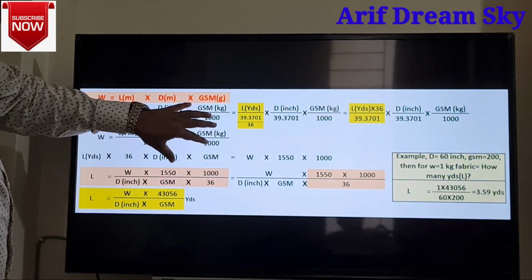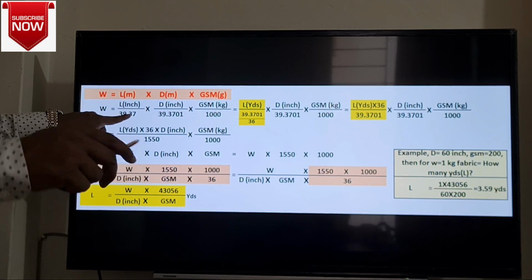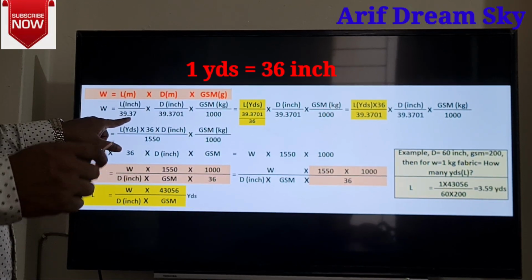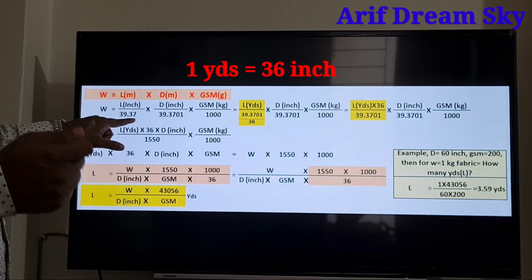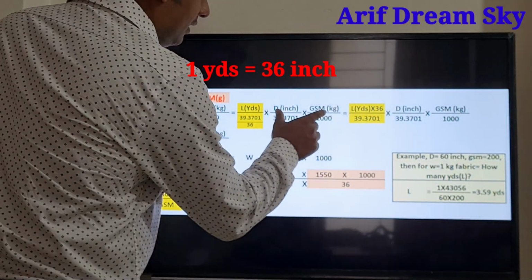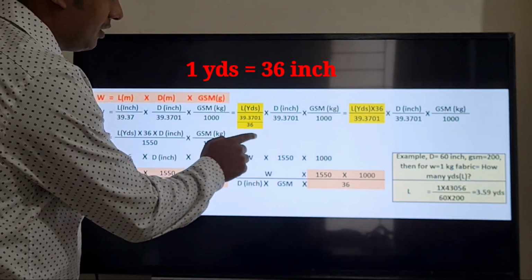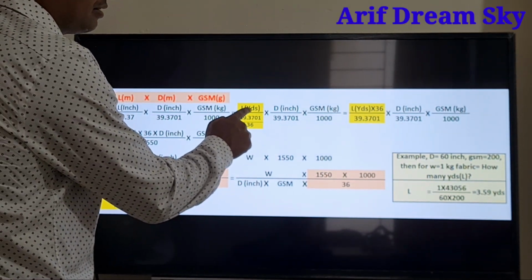Out of these three figures, if we want to convert inch into yards, we know that 1 yard is equal to 36 inch. So we put these two parameters in, and the length unit we just divide by 36, so it easily converts to yards.